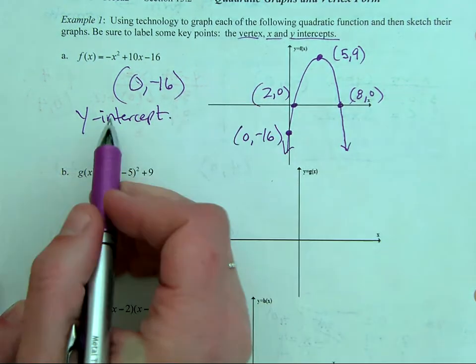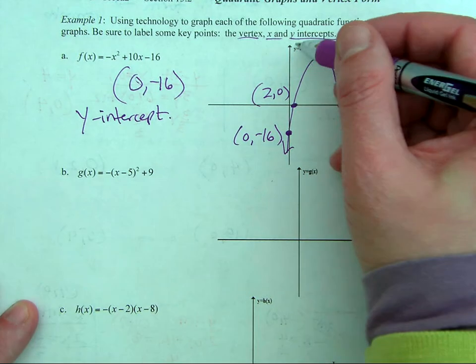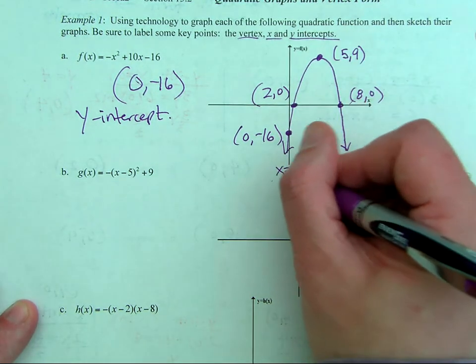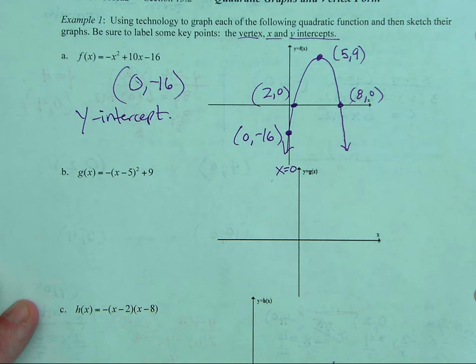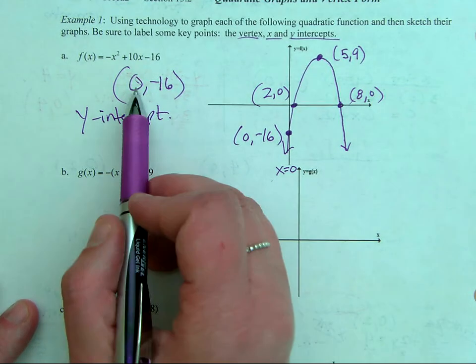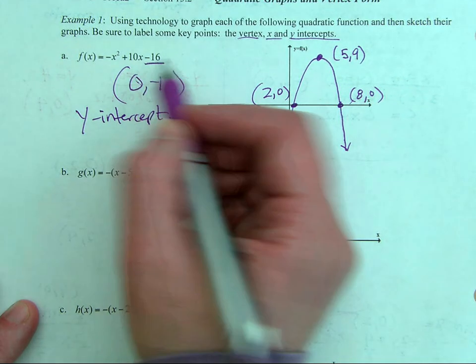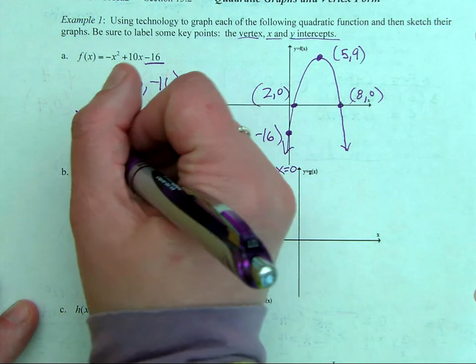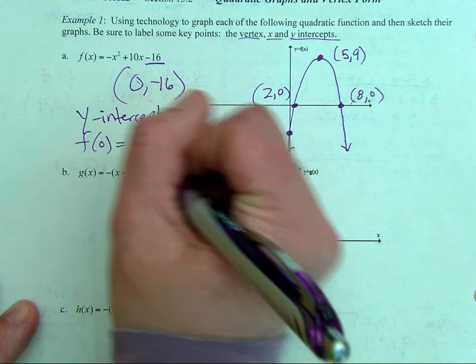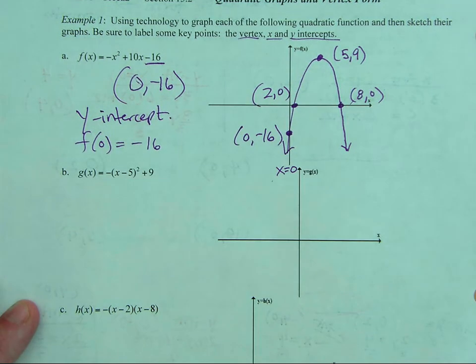You would plug 0 in for x, because all along the y-axis, x is equal to 0. And if you plug in 0 for x, what's the only thing that's going to be left? Negative 16. So in other words, f of 0 equals negative 16.